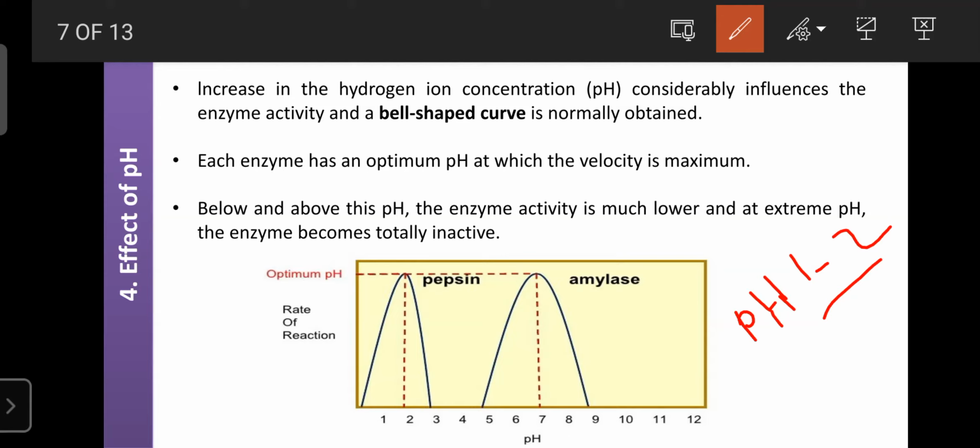When you take food with lots of proteins, it becomes acidic, that is 1 to 2. Only then is this pepsin enzyme active, and it is involved in the digestion of the protein. If the pH increases to more than 2, then the pepsin activity decreases.